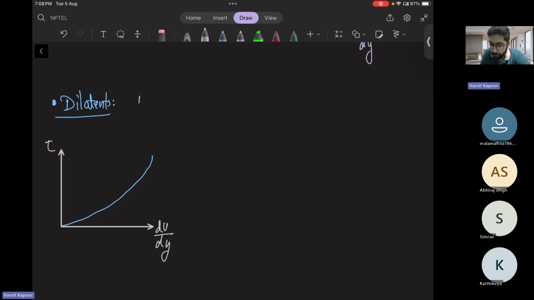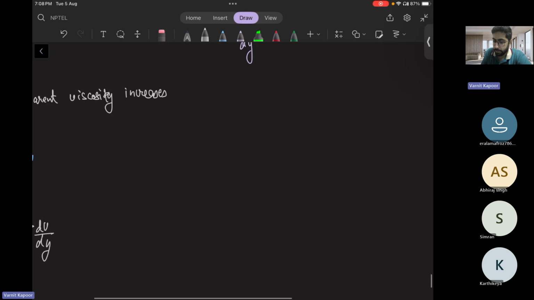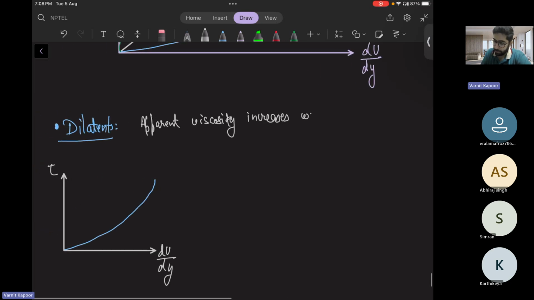Let me first write: apparent viscosity increases with increase in deformation. Am I audible to everyone? Yes, sir. Okay, increase in deformation.